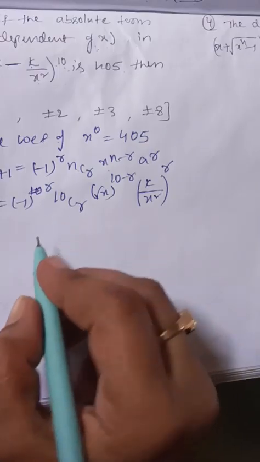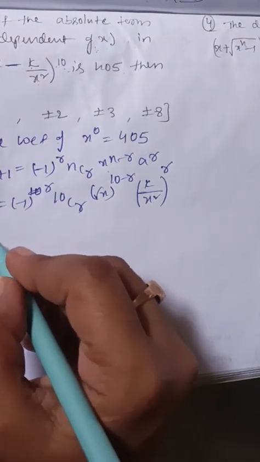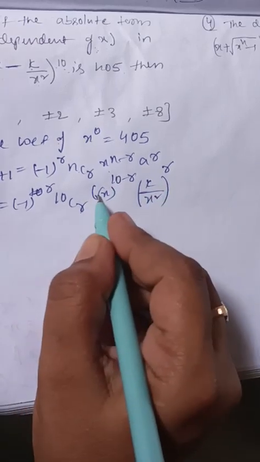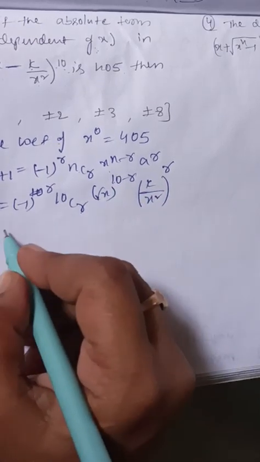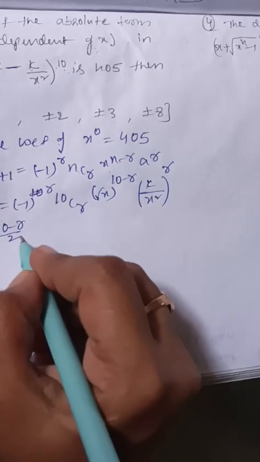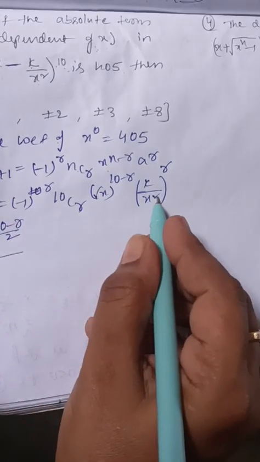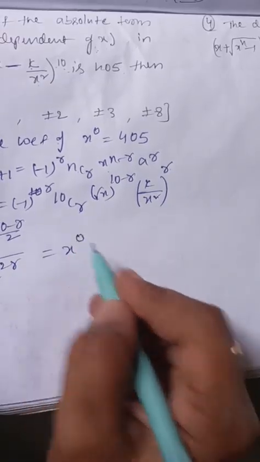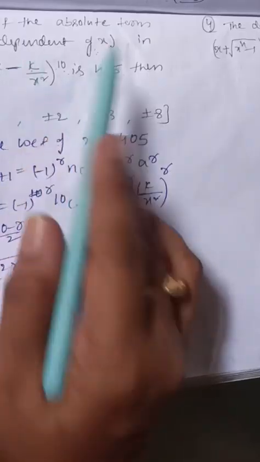To find the coefficient, we are equating the power of x. √x can be written as x power 1/2, so x^((10−r)/2), and denominator (x²)^r, x^(2r), which is equal to x power 0 because independent of x.